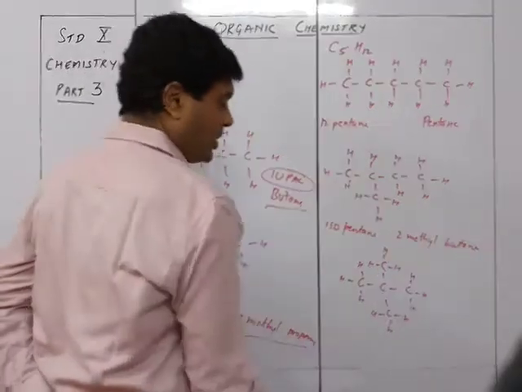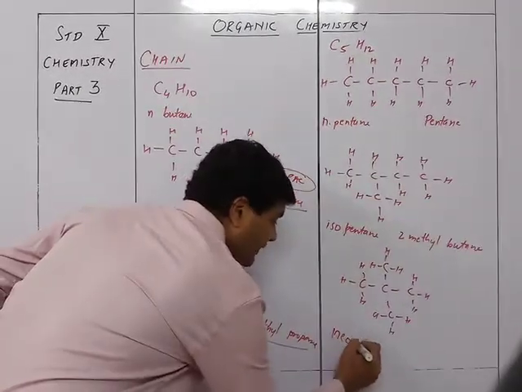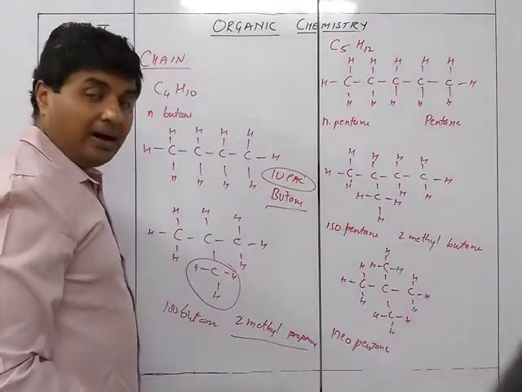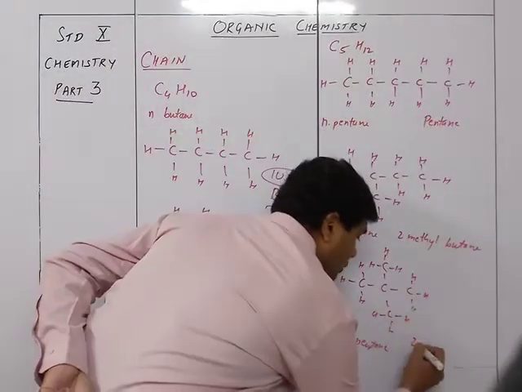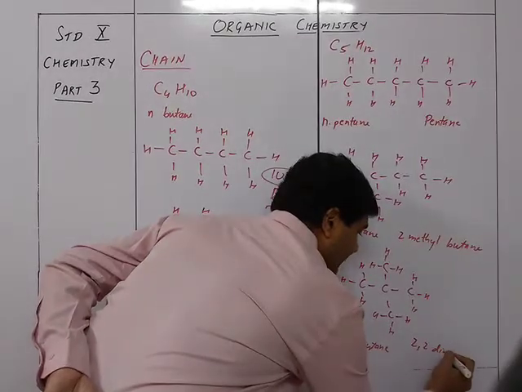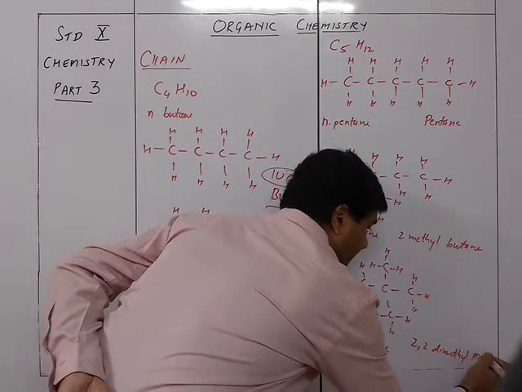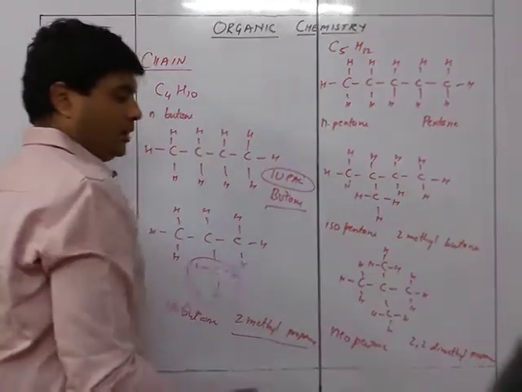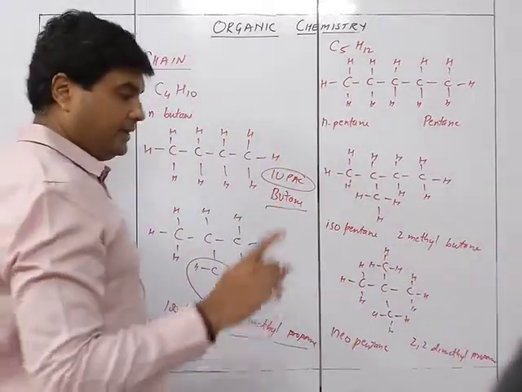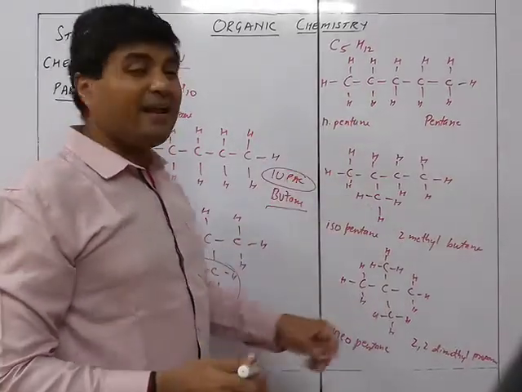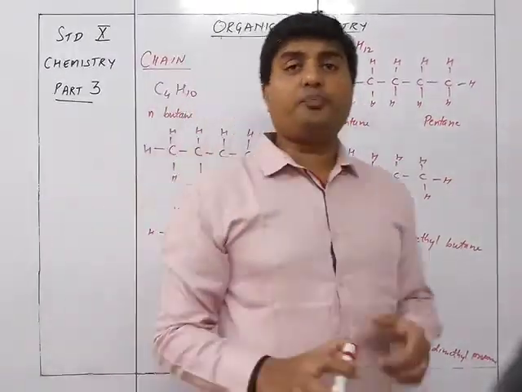This is called neopentane, and the IUPAC name for this is 2,2-dimethyl propane. How you get this, we will see later in nomenclature. But right now you can see that these are the 3 isomers of pentane.